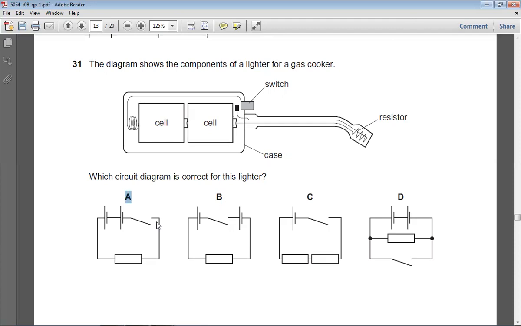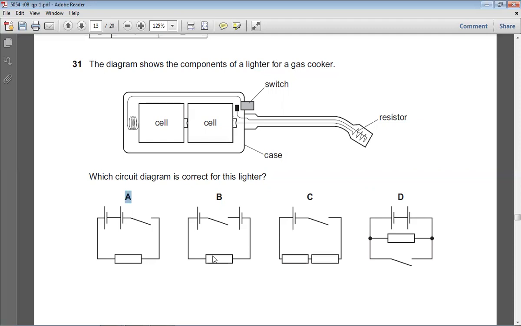Cells are connected properly. Here we have the switch, and then you have that resistor. This one looks not good to me because one portion of the battery is here, the other portion is here, and between them you have connected a switch, and that does not look good.